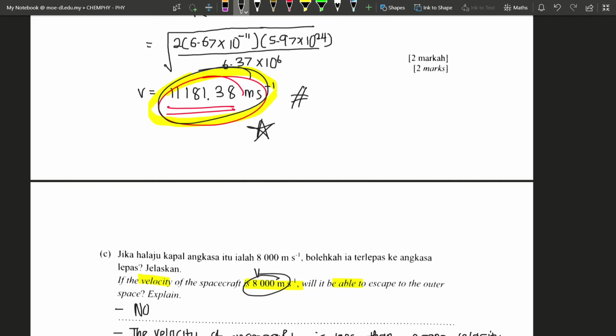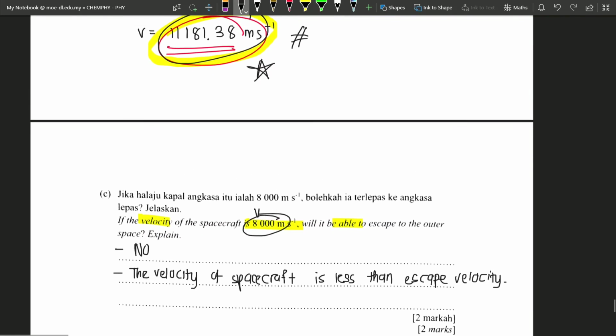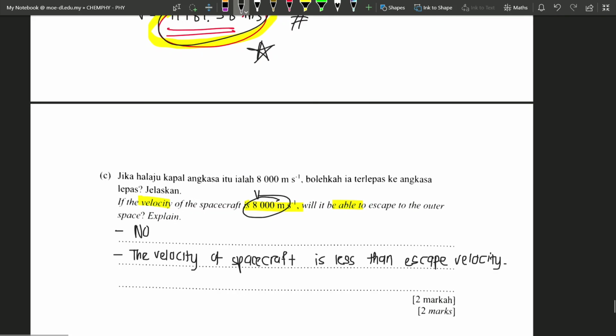So untuk objek tu keluar, dia mestilah velocity dia higher daripada ni. Tapi malangnya untuk soalan ni, spacecraft dia 8,000 saja. So tak sampai, tak cukup untuk overcome gravitational force. So you guys boleh tambah lagi. The spacecraft cannot overcome gravitational force and escape to the outer space.